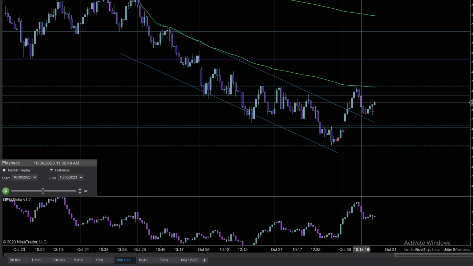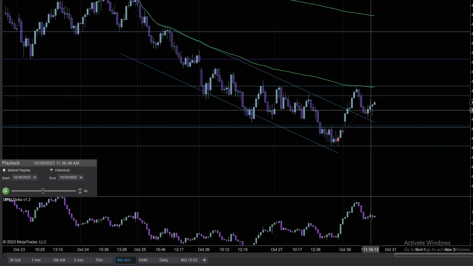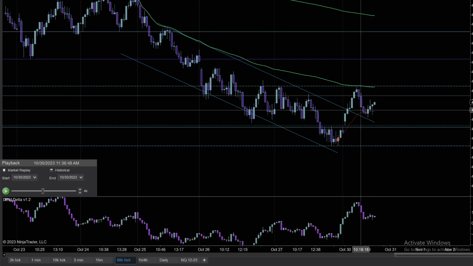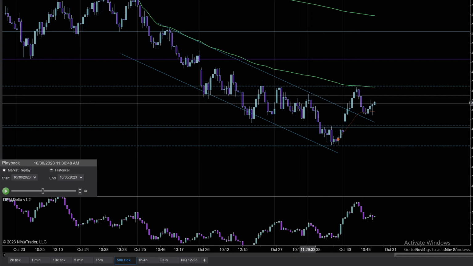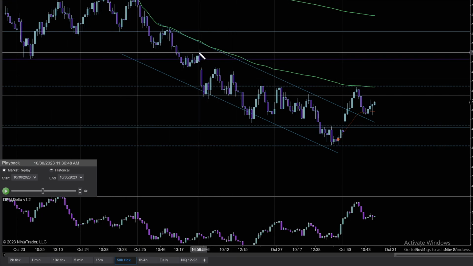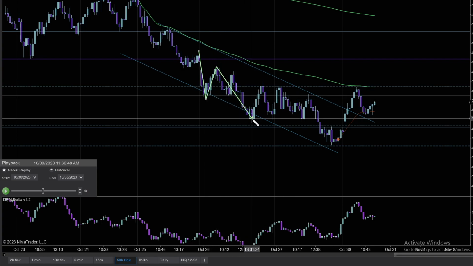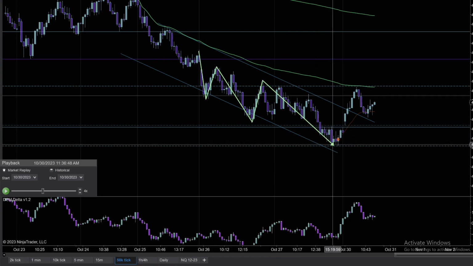Now, this chart still looks a little bit bullish to me. However, we do have some signs that things are going to start possibly rolling over. One thing I want to point out is that although we did make a kind of higher high, we broke this little swing here. We didn't break the more major swing. If we actually track this market structure, we have a lower high, lower low, lower high, lower low, lower high, lower low.